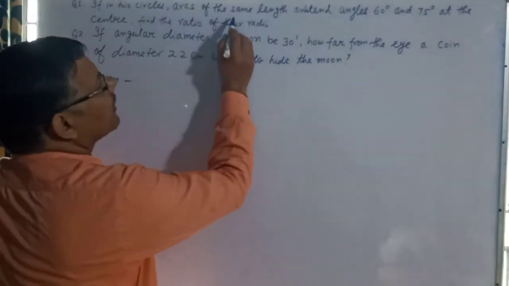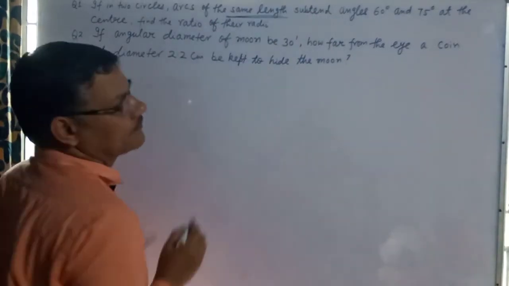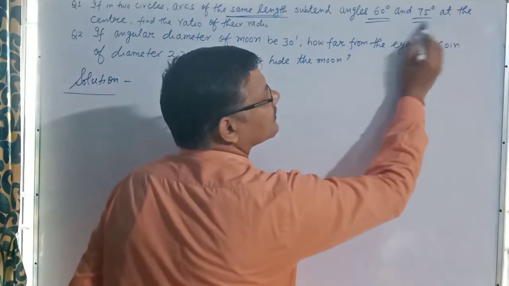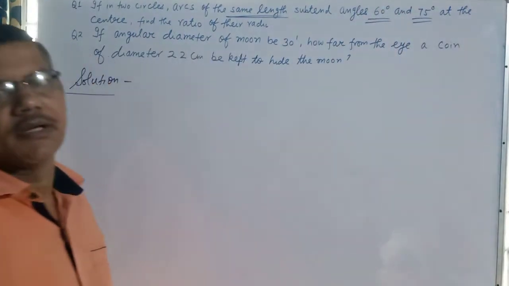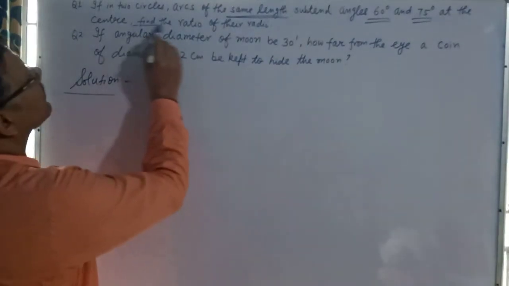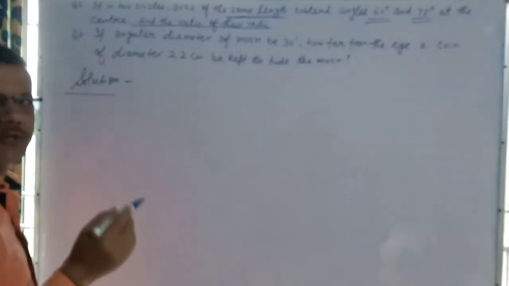In question number 1, the length of arcs is the same and these subtend 60 degree and 75 degree. We are required to find the ratio of the radii. So from there we start.